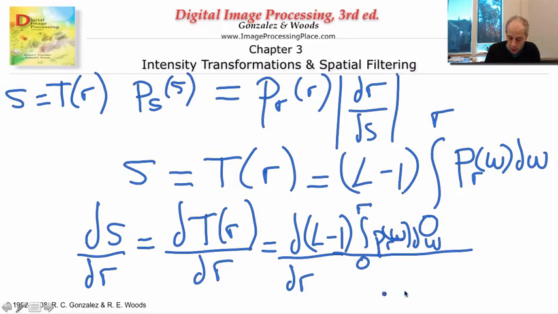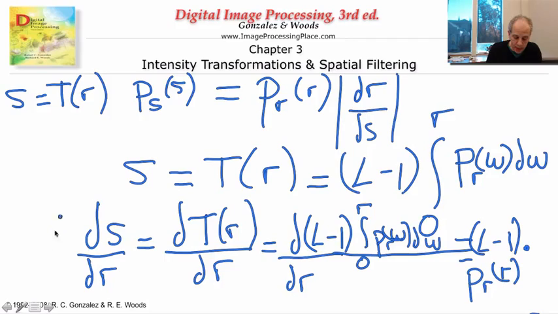So we need to compute this derivative. If you remember basic calculus, this is a constant, so it will go out, okay? And then the derivative of this integral is what's inside the integral. So this is equal to L minus 1 times, and I'm going to write this here in the next line, p_r(r).